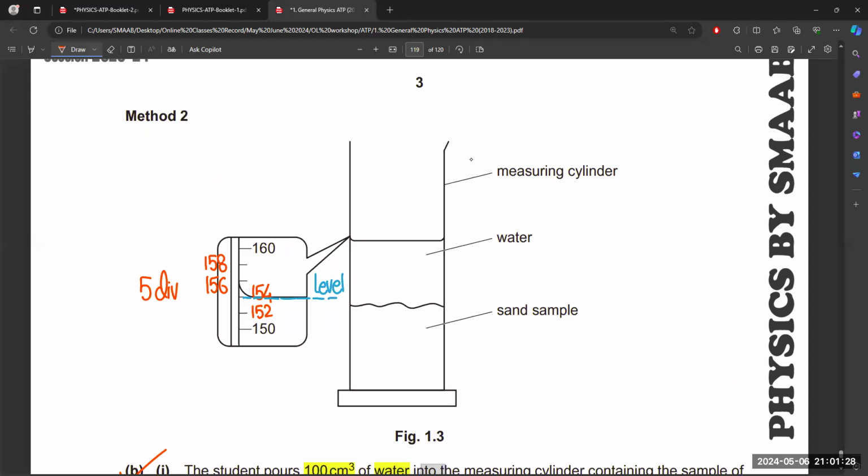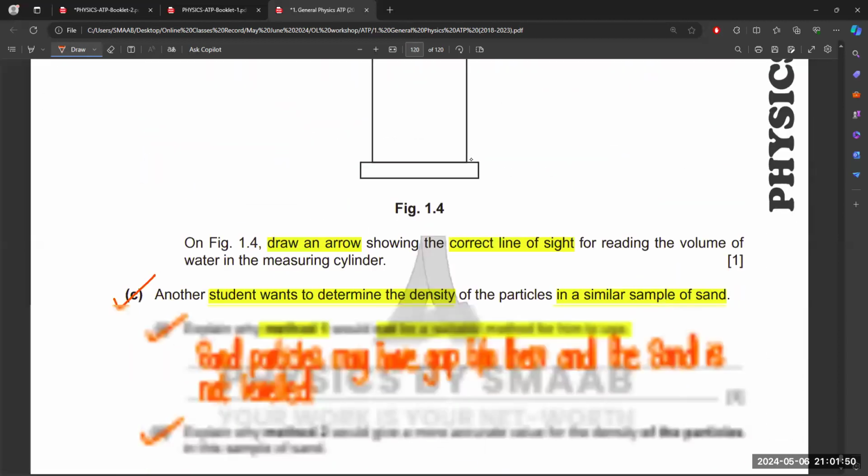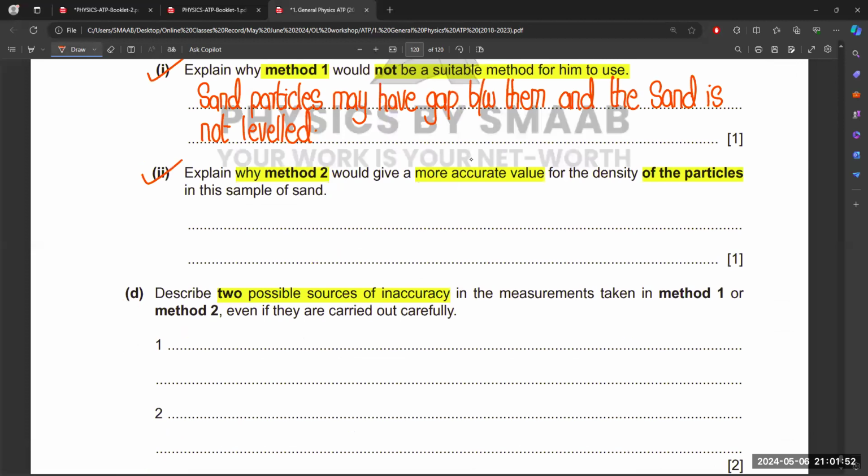So when we use water, in the explanation it is already mentioned that some of the water soaks into the sand. When water is soaked by the sand, definitely the gaps between the particles are filled with the help of water. So that's why the second method is more accurate as compared to method one. And if there are some air particles present between the sand, that will also be covered with the help of the water.